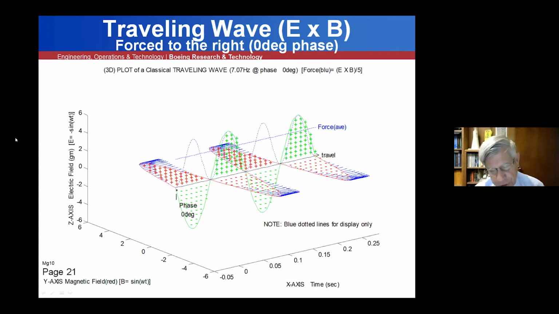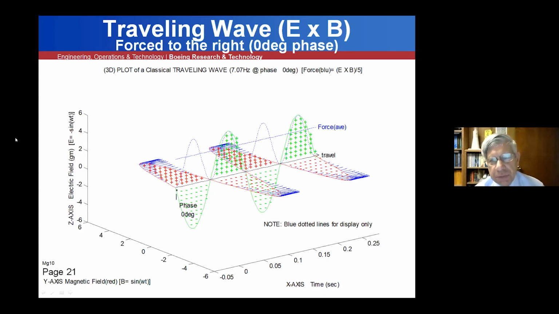The B field is positive maximum starting here, which makes the E field a negative maximum. When you do the cross product, you get a force field generated, which is the blue arrows, and they point to the right. I also have a little dotted sinusoid up on top, which represents the arrows.